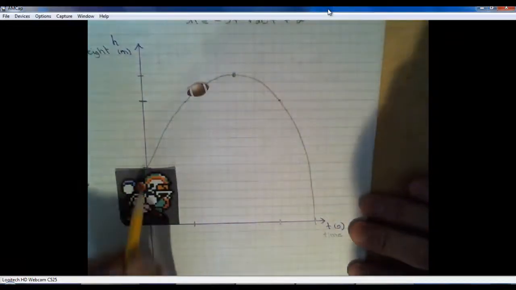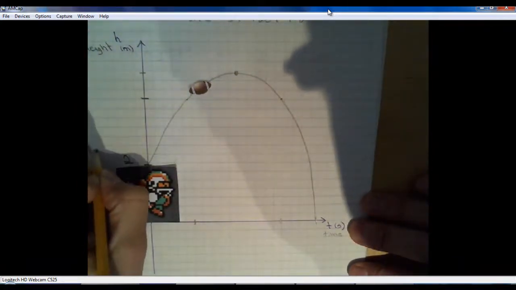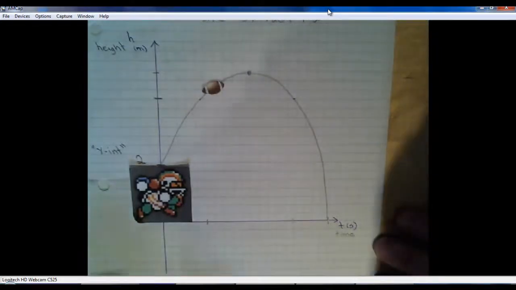So if we come back to our graph, remember at t equals 0, h is 2. That's our y-intercept. And the y for this question is actually height, h.